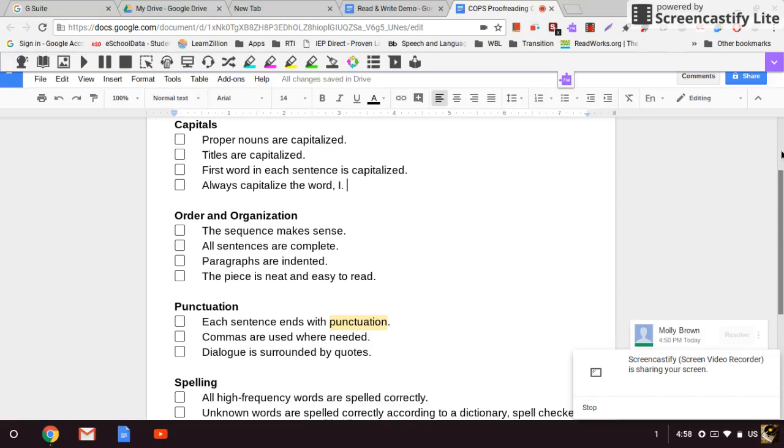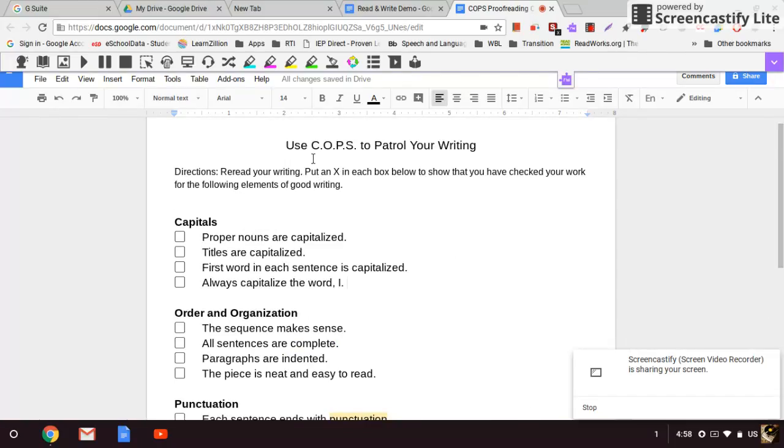I have here a proofreading checklist that I'm sharing with my students who use Read and Write for Google and may be composing their work using talk to text or word prediction. And therefore, proofreading is really important to make sure that it says what they intended for it to say. They do this by composing their writing with talk to text, then playing it back and listening to whether it sounds right.